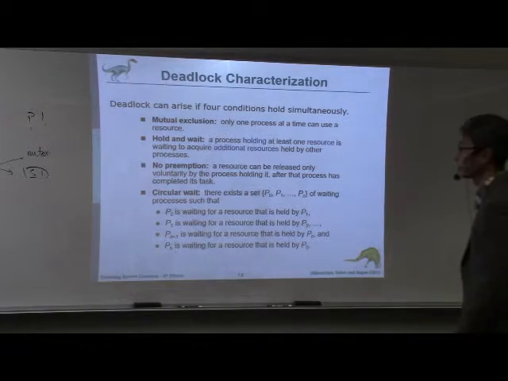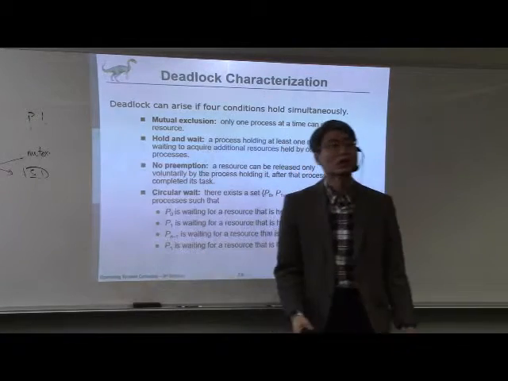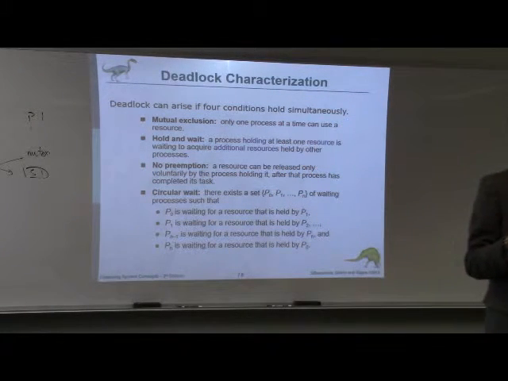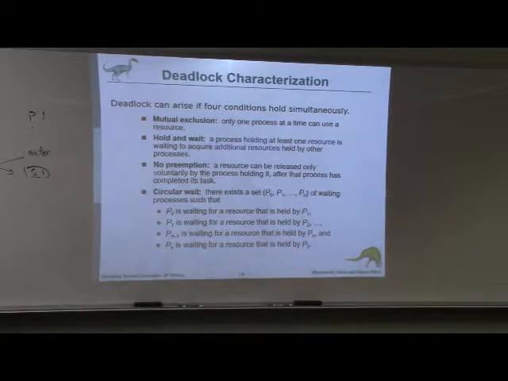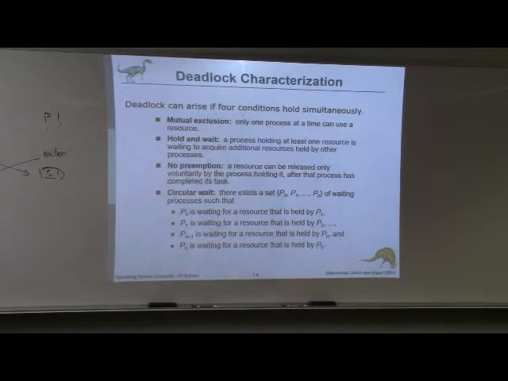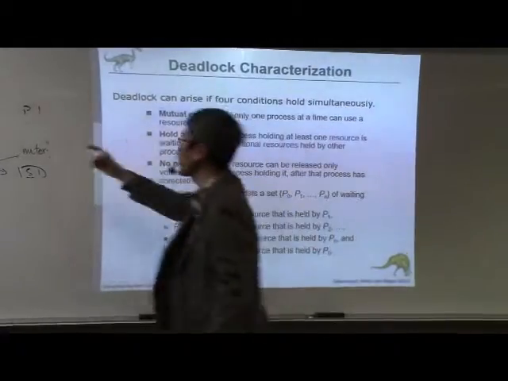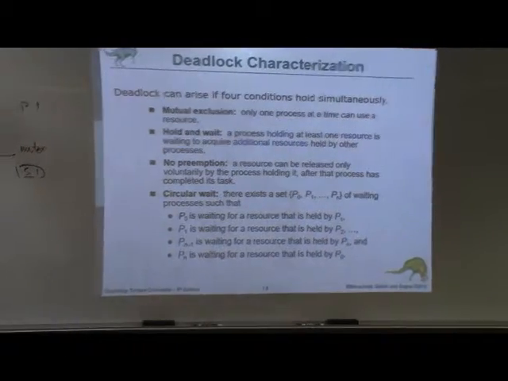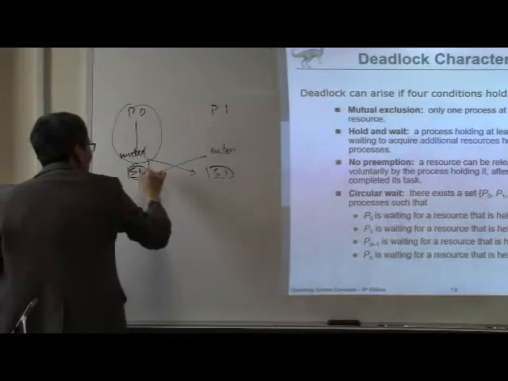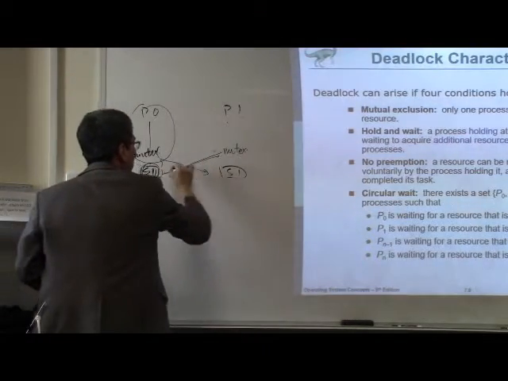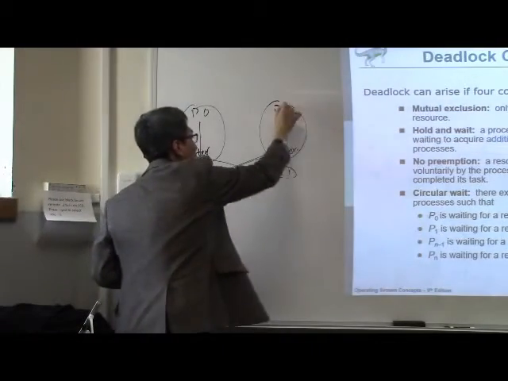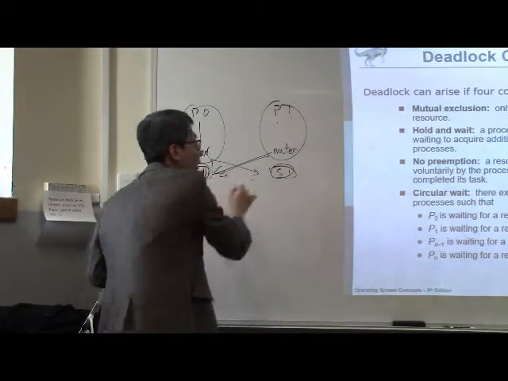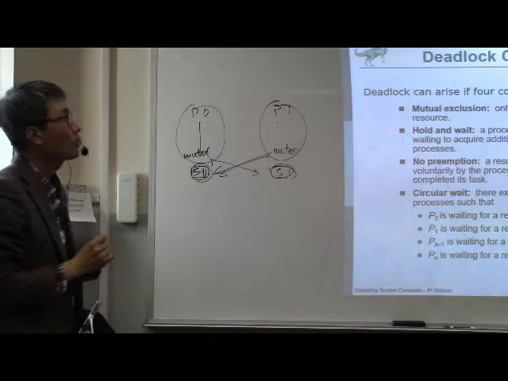Hold and wait. When the deadlock happens, we have two processes. This one is holding a resource that is requested by this one, okay? And also this one is holding a resource and at the same time requesting.